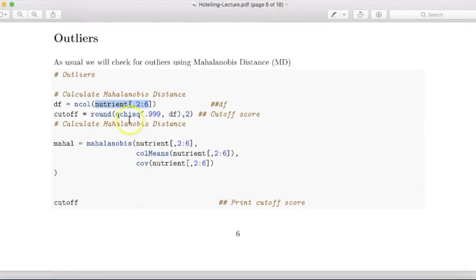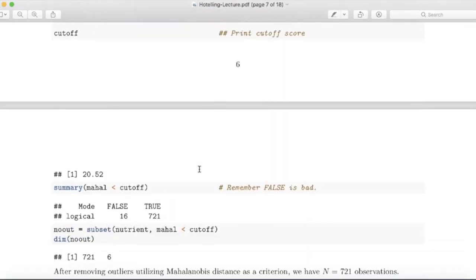So here's where I get my cutoff to compare my Mahalanobis outliers to. I call it cutoff. Then I use the Mahalanobis function on the nutrient data, only the columns that actually have data, and so on. I use summary to compare each of the values that Mahalanobis distance found to the cutoff that I selected, and it found 16 outliers.